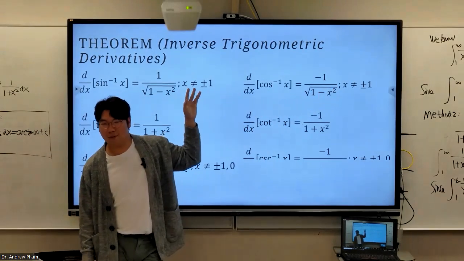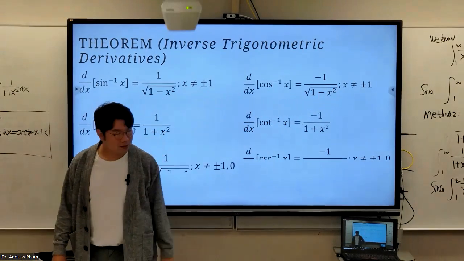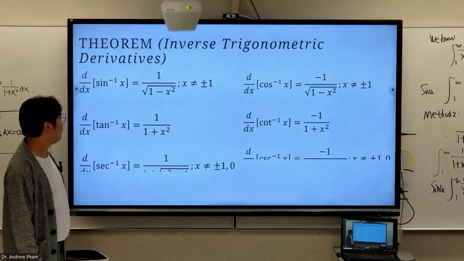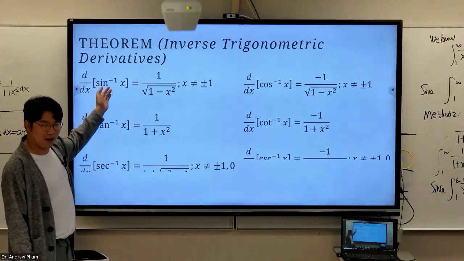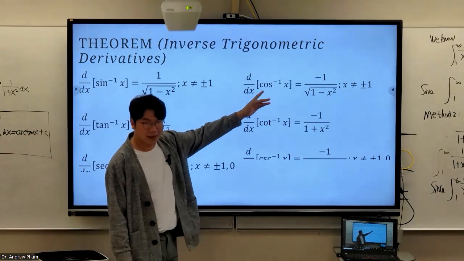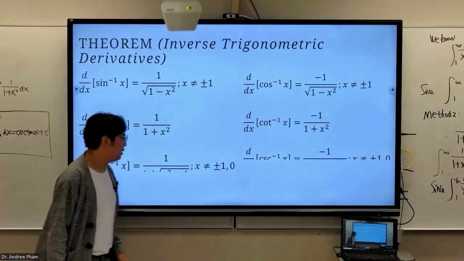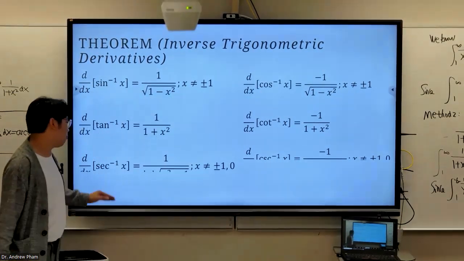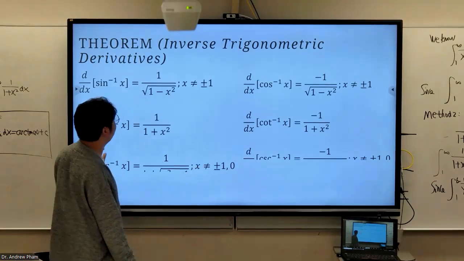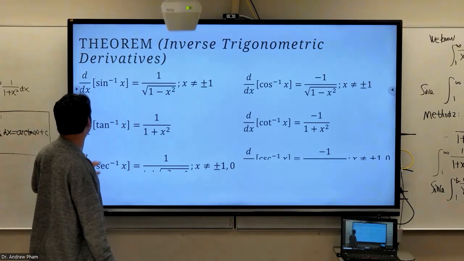But one is positive, one is negative. And the same thing here for tangent and then cotangent. And notice again, this looks like the inverse cofunction. Sine, cosine, tangent, cotangent. This was supposed to be secant and cosecant. Oh, it came back. Perfect.